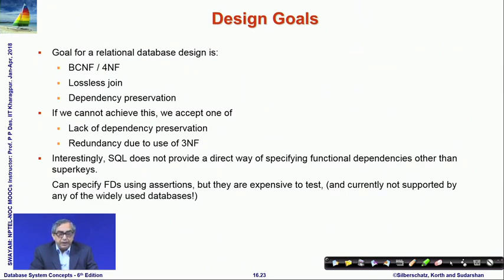No other functional dependency or multi-valued dependency or other type of dependencies can be specified or checked in SQL. You can do that using assertions, which I had talked about while discussing SQL, but that too is very expensive to test. So, it is usually not supported by any of the widely used databases, because that slows down every process very much.